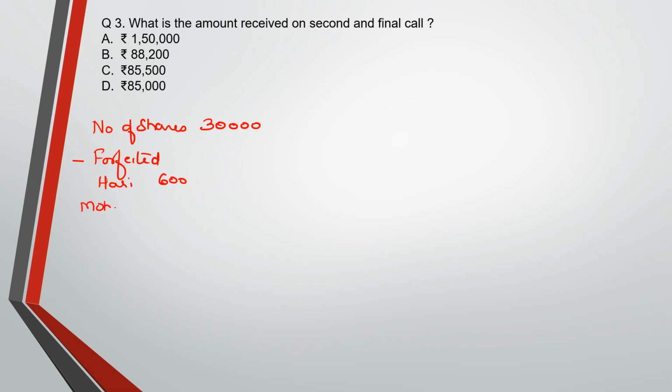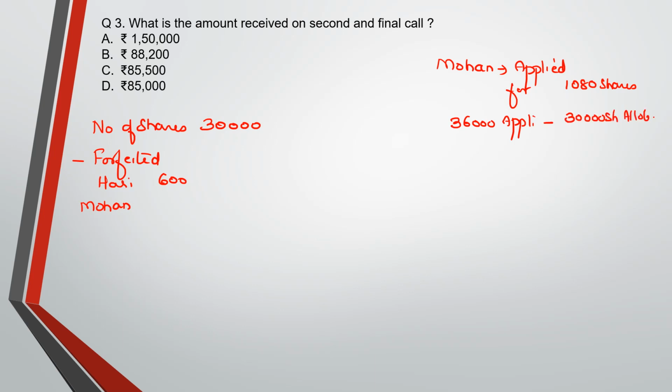But of Mohan, they have given that Mohan had applied for 1080 shares. So we have to calculate the number of shares he was allotted. So for 36,000 applications, 30,000 shares were allotted.